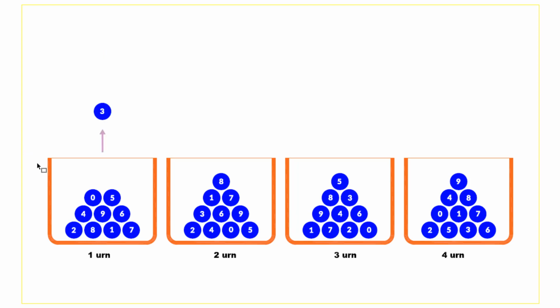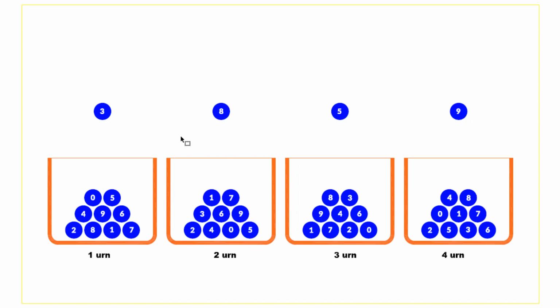Let's assume we have withdrawn ball number 3 from the first urn, and then ball number 8 from the second, and number 5 from the third, and number 9 from the fourth.